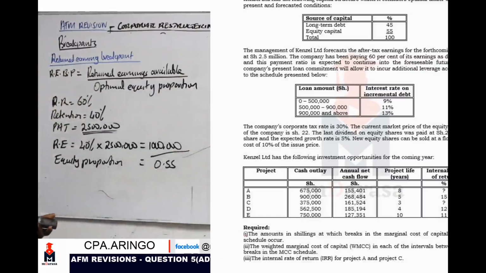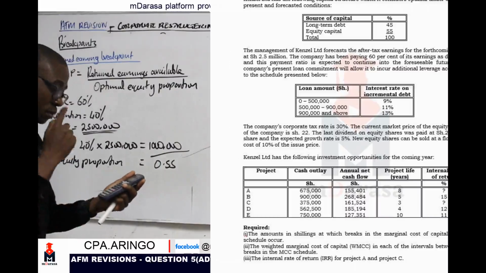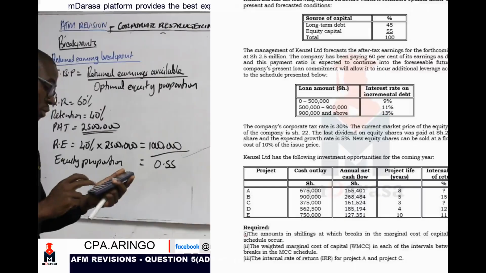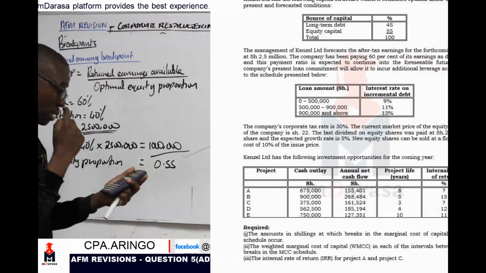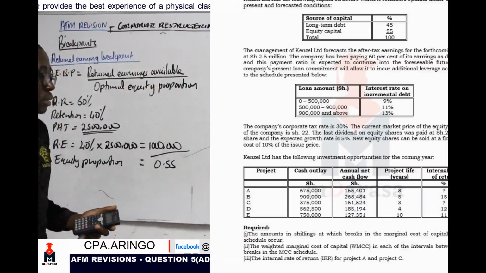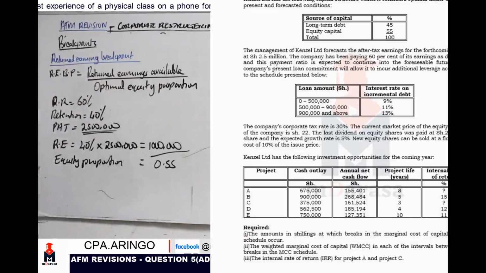We can work it out very easily: the 1 million we have determined, divided by 0.55, gives us the retained earnings breakpoint.